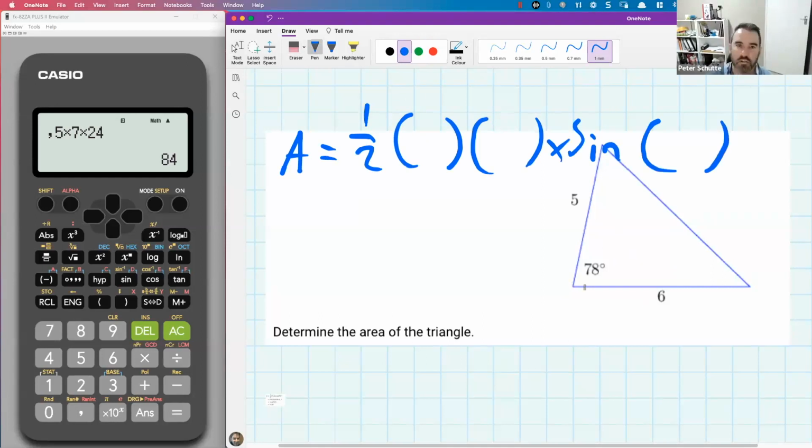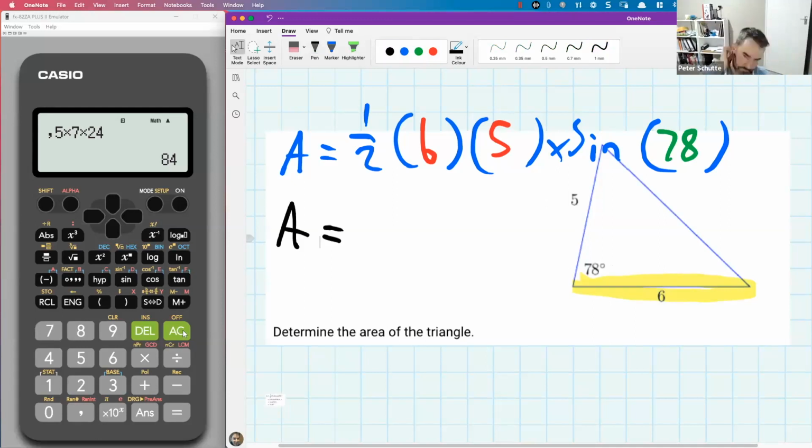So essentially, you have one side over here. Let me make this 6, and this is going to be 5, and this is going to be the sine of 78. This is called the area rule, and as long as you have two sides and the included angle, it finds the area of any triangle. Put that in your calculators and tell me what you get for the area of this triangle.